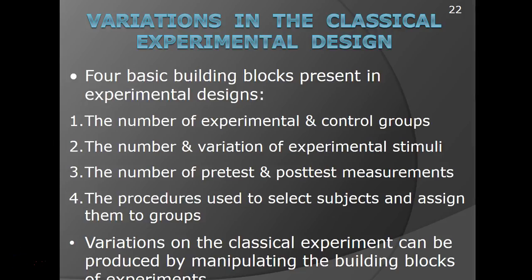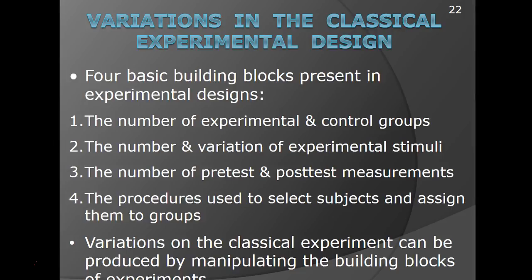There are a number of ways in which a classical experimental design can be conducted, and there are four basic blocks present in the experimental designs that can change the result. First, the experimental and the control groups; sometimes there's more than just the two.